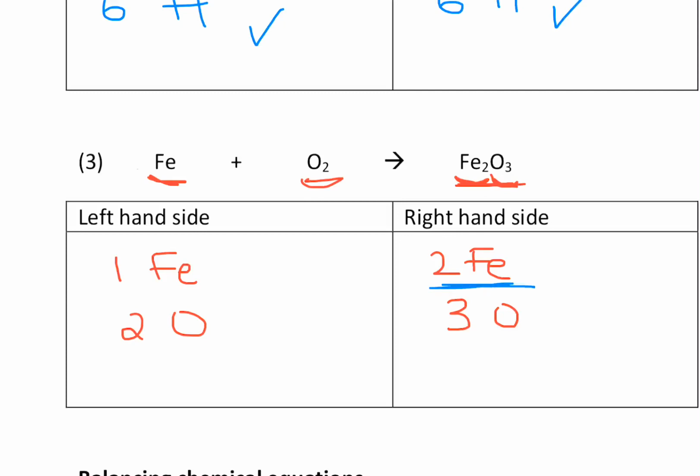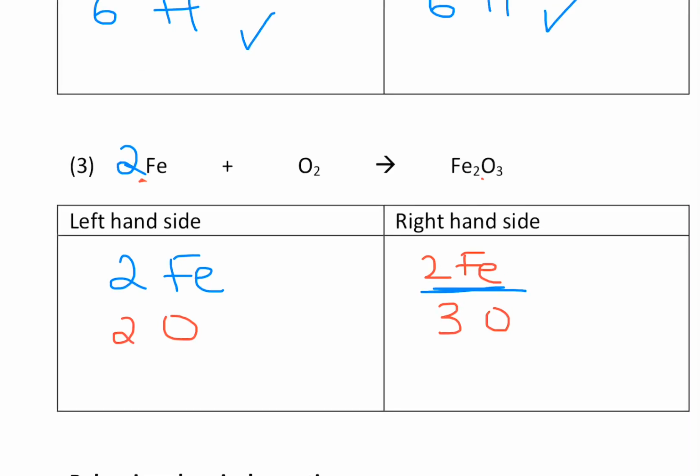So 2Fe, so I'm going to multiply here by 2. So here I need to multiply the Fe on the left hand side by 2. And I count again, so there is 2Fe now, 2 oxygen. Here I still have the 2Fe and the 3 oxygen. So now I will try to balance the oxygen.